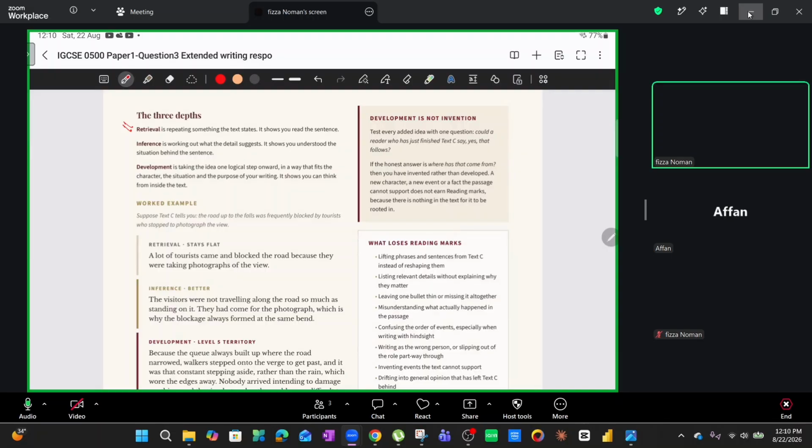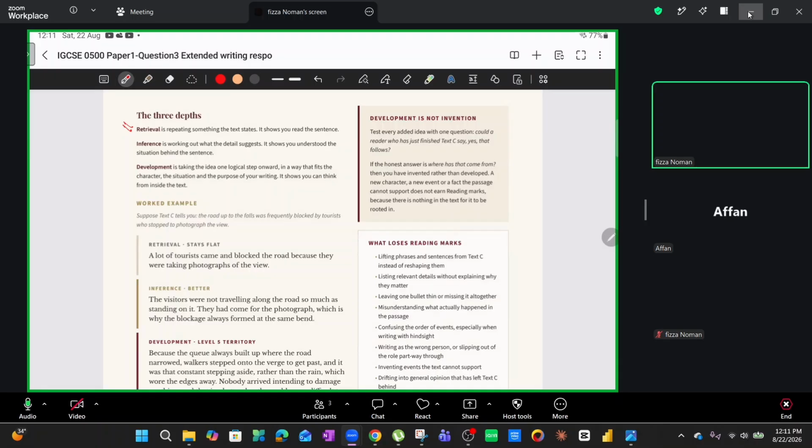This is taking the idea one logical step onward. Development is when you already have a base point, but you build on it in a way that fits the character, the situation, and the purpose of your writing. It shows you can think from inside the text. So your idea, your logic, each and everything, is coming from the text.